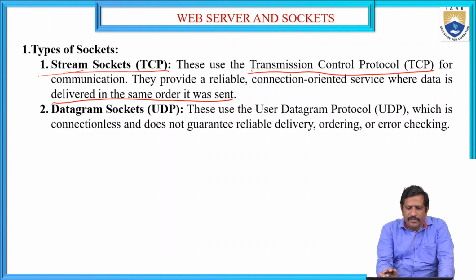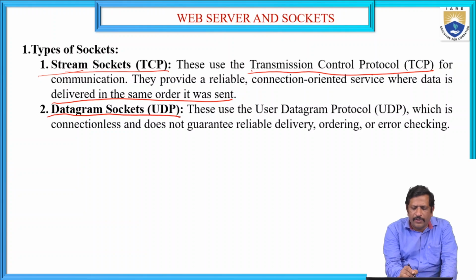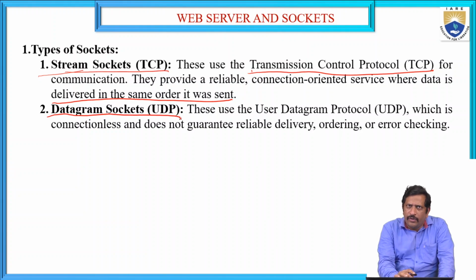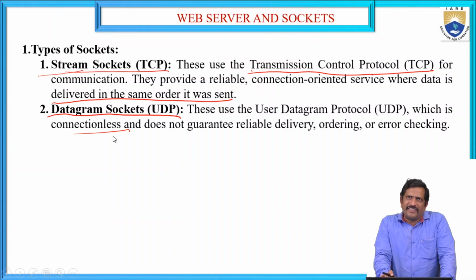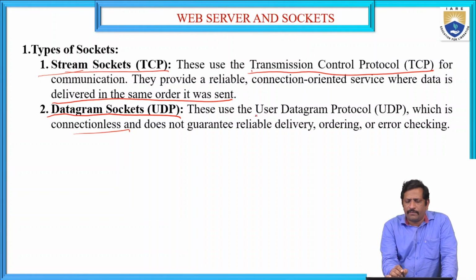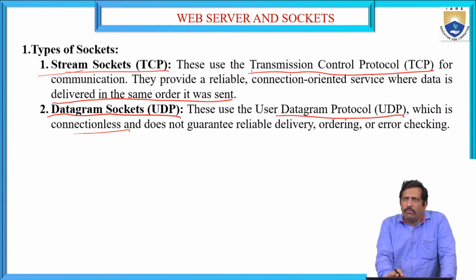Datagram sockets, that means UDP. These datagram sockets use the User Datagram Protocol, which is connectionless. The best example is mobile communication. In mobile communication we utilize the User Datagram Protocol, with which one mobile device can communicate with another mobile device.